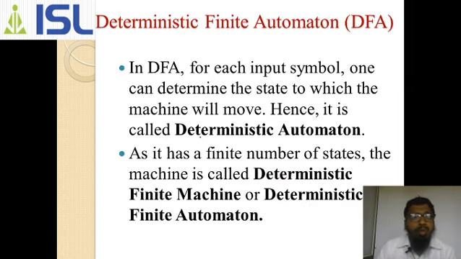Now this is very important. All the units depend on this, so you must know what is DFA and what is NFA. In DFA, for each input symbol, one can determine the state to which the machine will move.